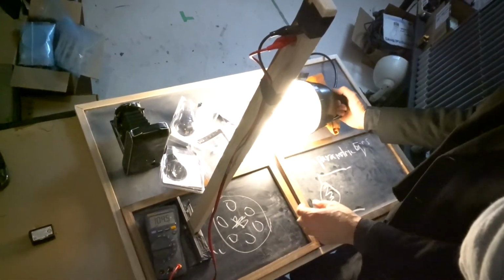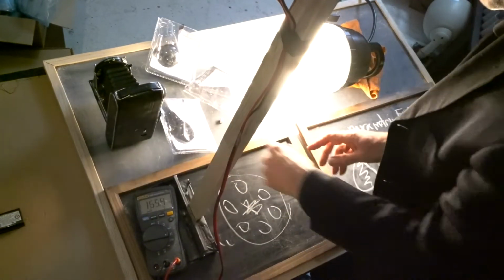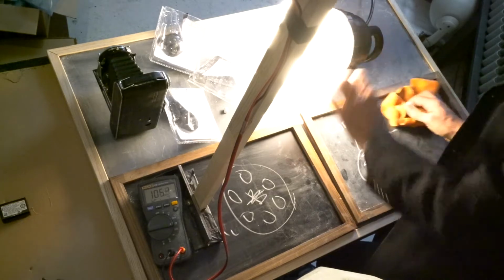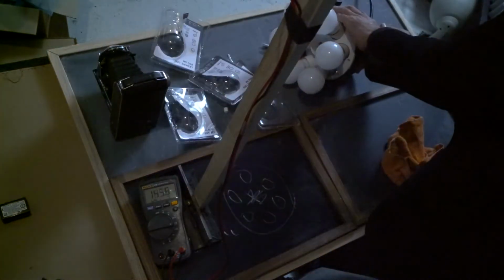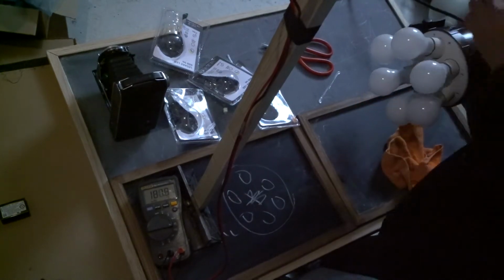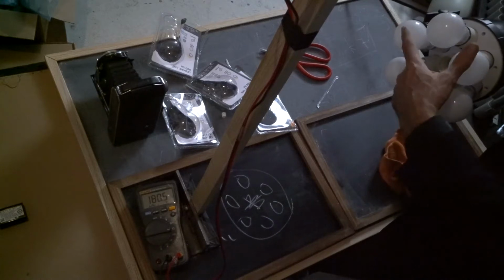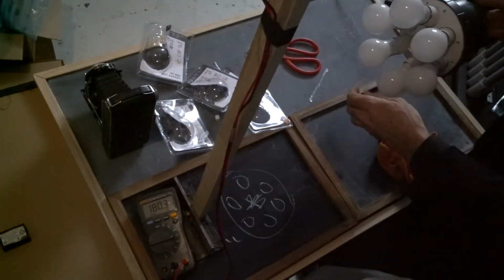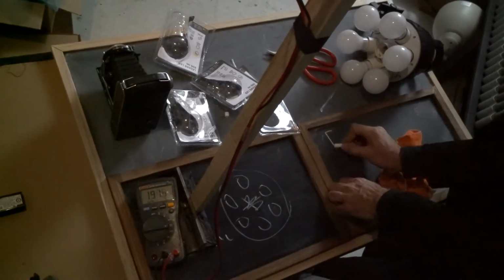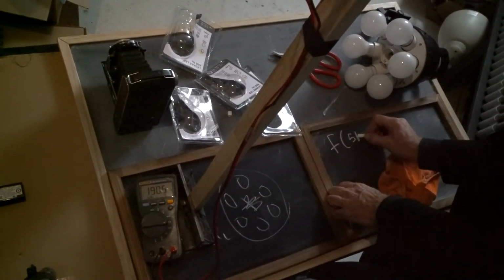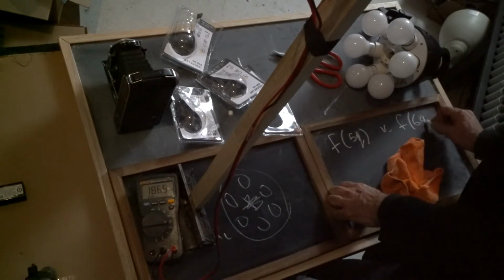you can see what's different about what I did this time is that now the change in light is so much less. See, so you can see what I've got here is, when 5 lights are running, let's call that 5Q. So we're really comparing f of 5Q versus f of 6Q.